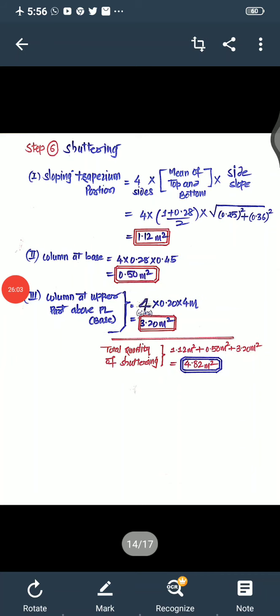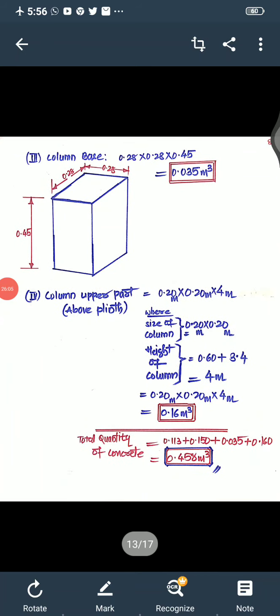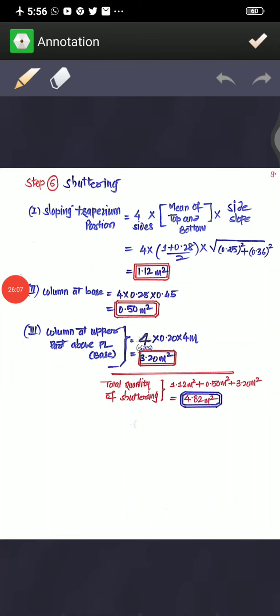Now the first one is the sloping trapezoidal portion, that is 4 sides into mean of top and bottom into side slope. So here you will be having 4 number of sides. That mean is (1 plus 0.28) divided by 2. Then the side slope is the square root of 0.25 square plus 0.36 square.